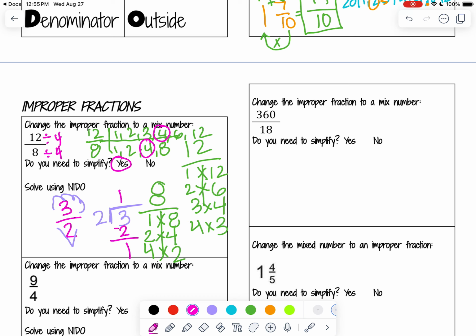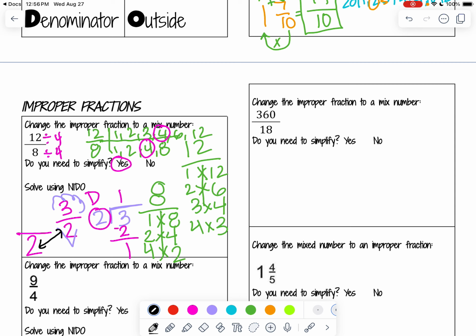One thing to notice is that our denominator always stays the same. So we're going to circle our divisor, and our divisor will always be our denominator. So when we're finding our final answer, we know that 2 is going to be our denominator because it stays the same. It is the same here as it is here. We now need a whole number.